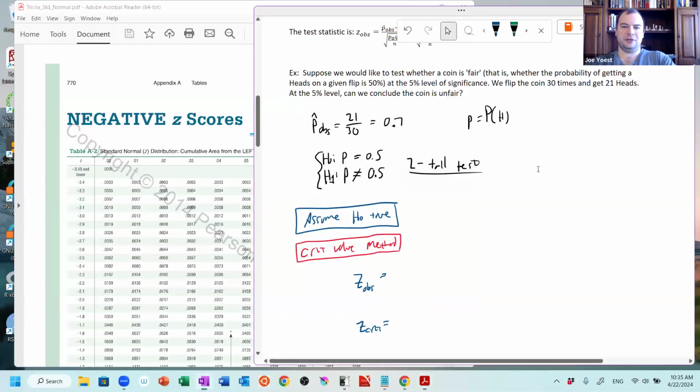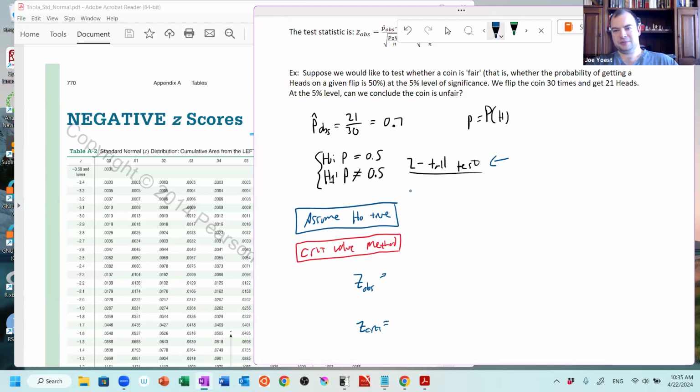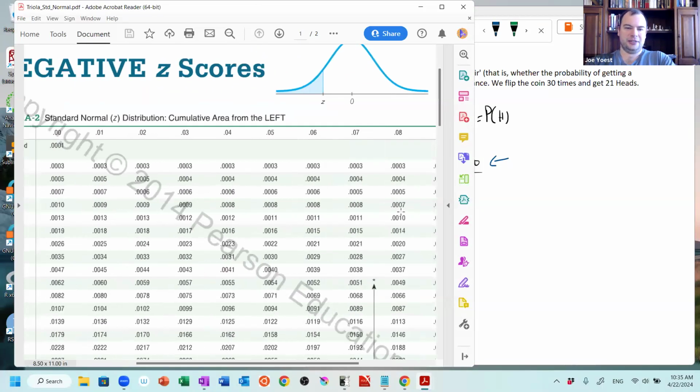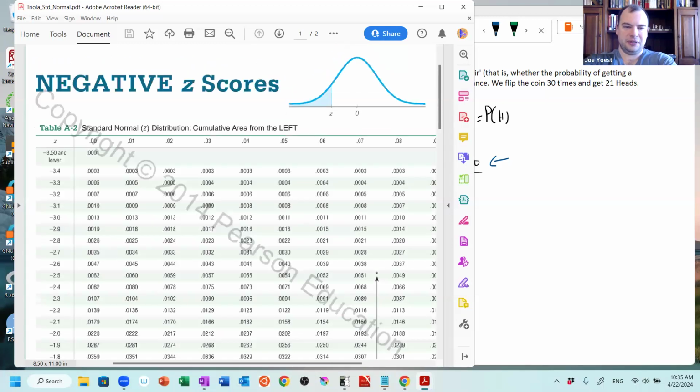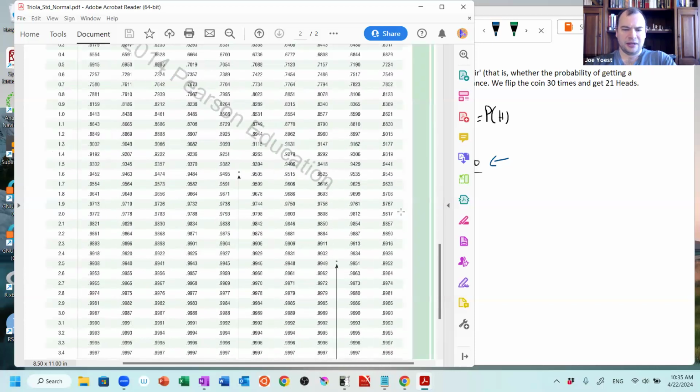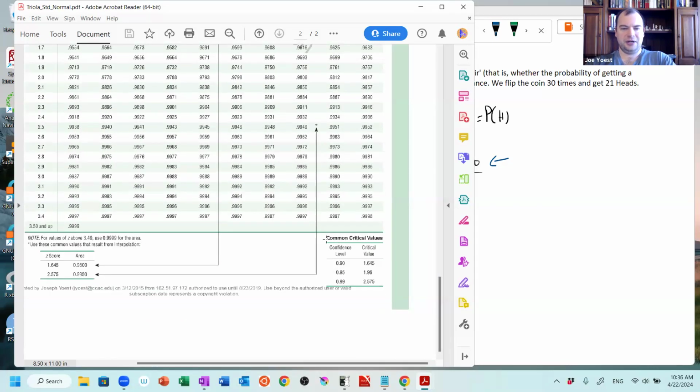If I look up z critical, what am I looking for? I'm looking for the 5% level of significance. So I want 5% total area in the tails. And this is a two-tail test. So I want 2.5% in each tail. I want something like the 2.5 or 97.5 percentile of z. And again, I can use this little cheat sheet down here on the z table. I could even use the t table.